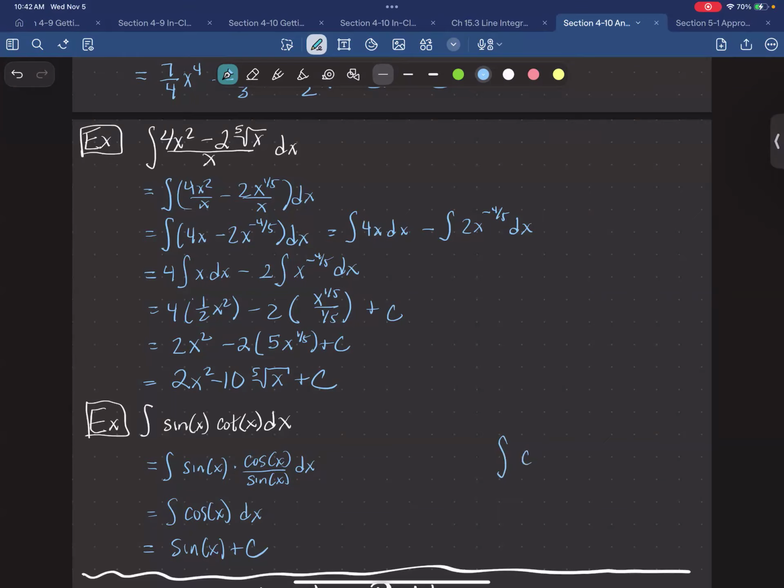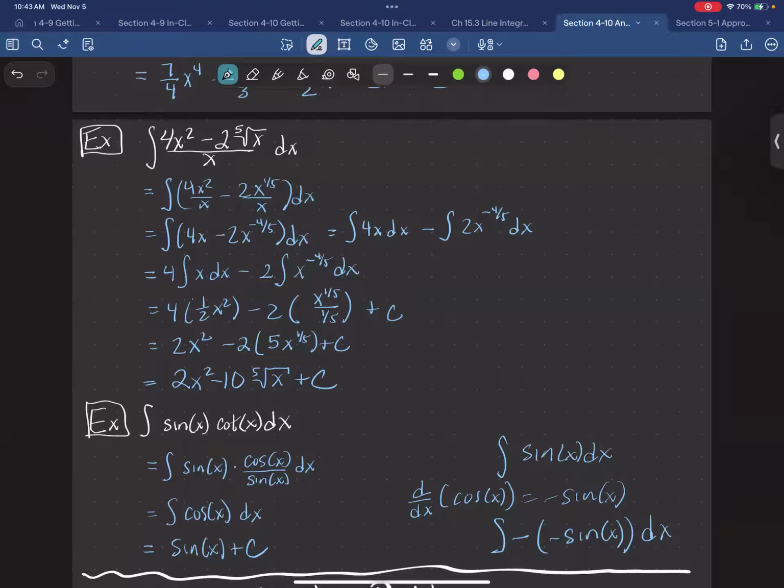If you're integrating cosine x, this is the tricky one. This is honestly a tricky one to remember. If you're integrating sine x, the derivative of cosine x is negative sine x. I don't have a negative sine x here, so what I can do is introduce 2 negatives. I can make it a negative sine x, and then a dx.